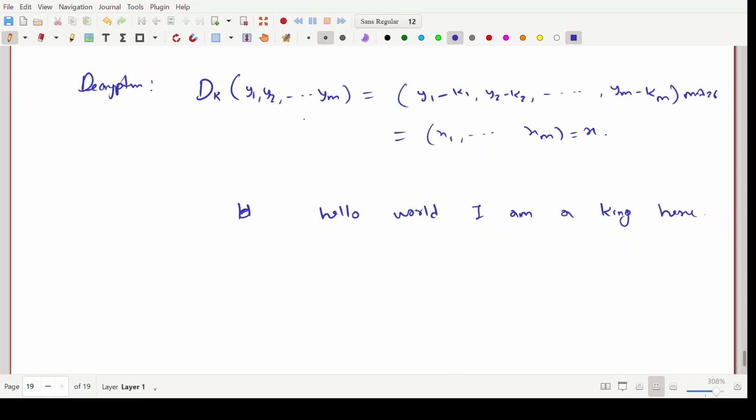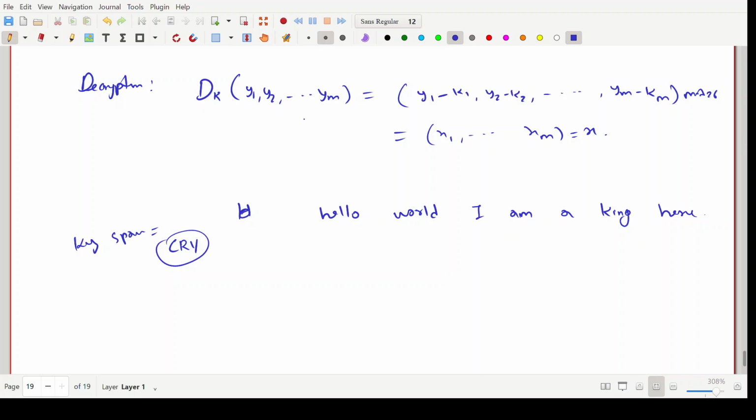And suppose the key is given as, say, cry. Let me put it as a key. So the key is a 3-element block, correct? So it can encrypt only 3 letters at a time.